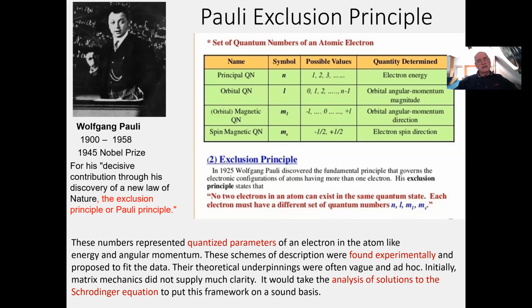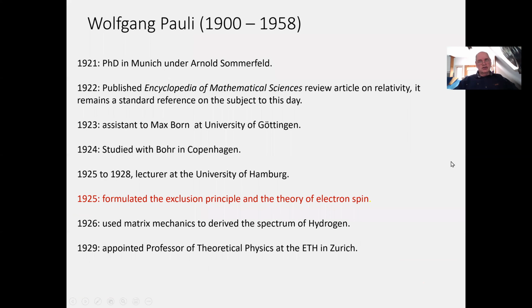Okay? And this idea that electrons have to be separate in their state fundamentally will become very, very important as we look at the structure of the periodic table. When we finally come to understand what the periodic table really is, this is one of the fundamental principles which create that structure.